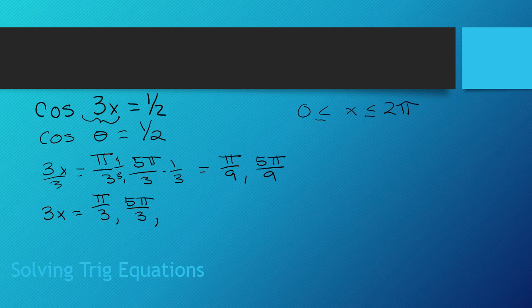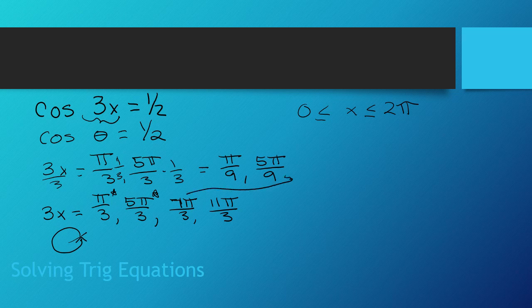Remember from chapter 4, coterminal angle is where the values are all the same and they circle around and go back. Okay, so that gives us 7 pi over 3 and 11 pi over 3.